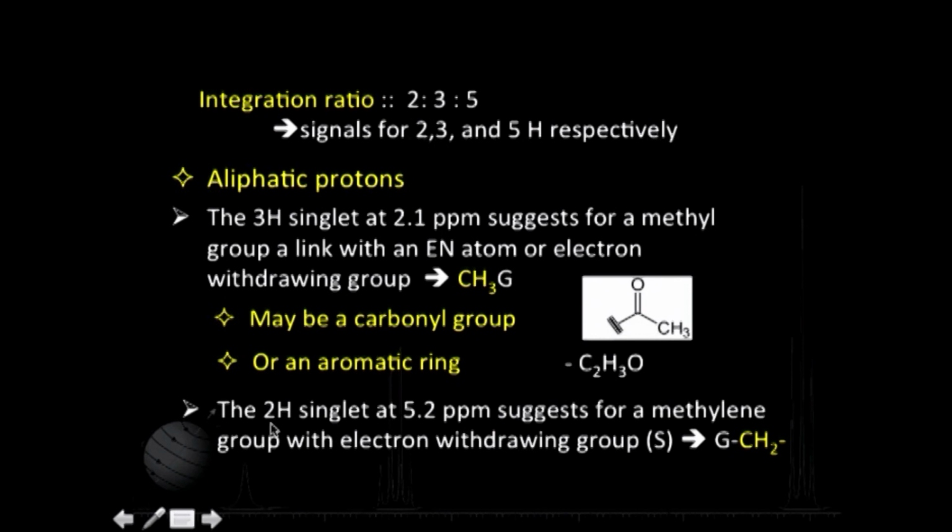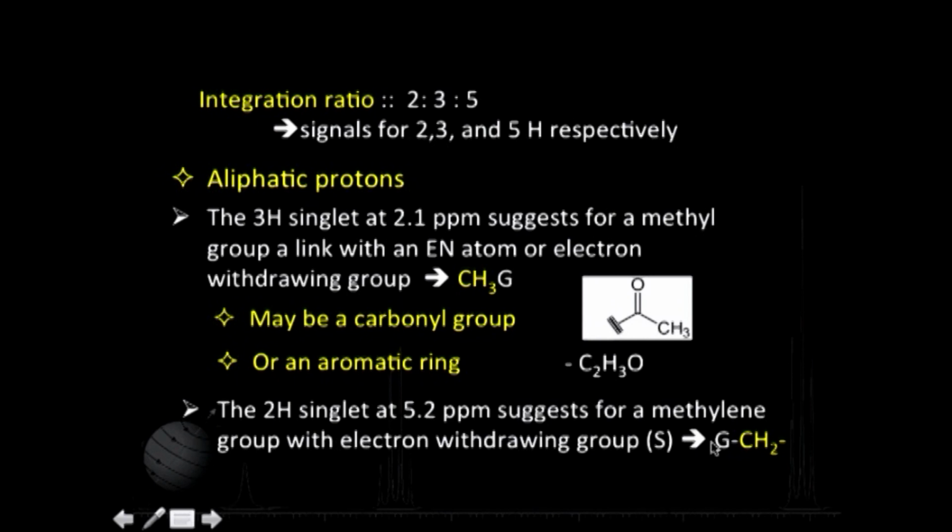The next signal is a 2 proton singlet at about 5.2 ppm. This is very important. Now, what does this indicate? This indicates there is a methylene group attached to an electron withdrawing group, or maybe more than one group is involved. So, we have got CH2 attached to maybe a group there, another group could be on this side, because I am suspecting this to be so because the location is highly downfield, 5.2 ppm.